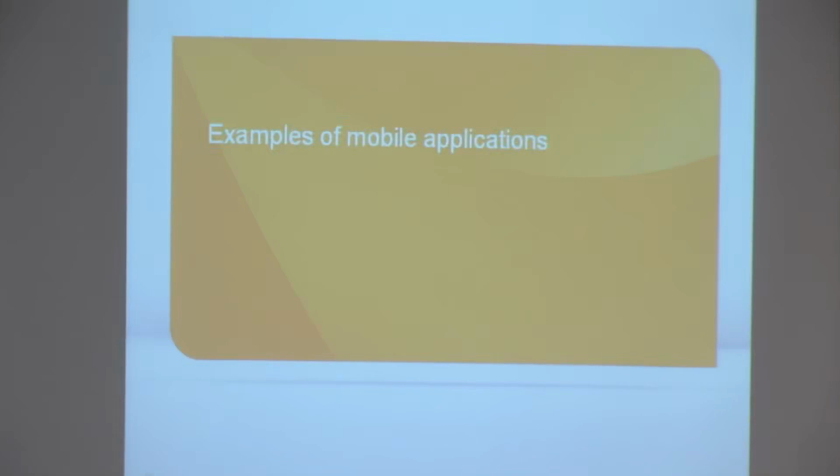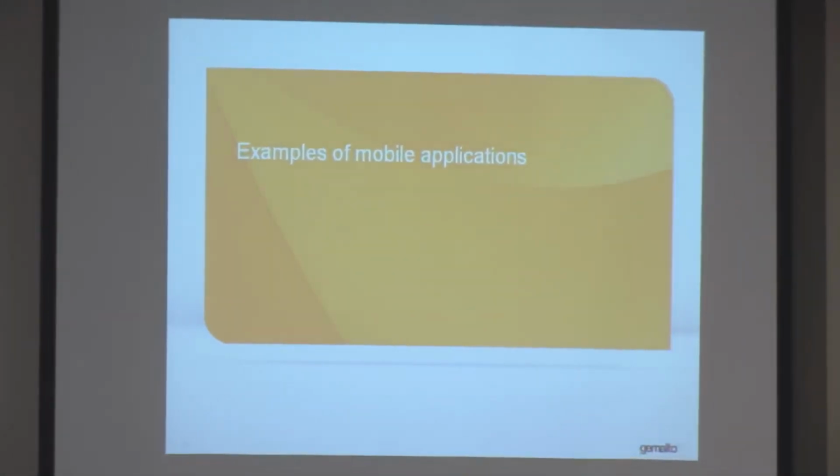Okay, so enough talking about all those standards and information. Now let's talk about mobile applications, what we are using, and how we can make use of those credentials that are in the mobile now.